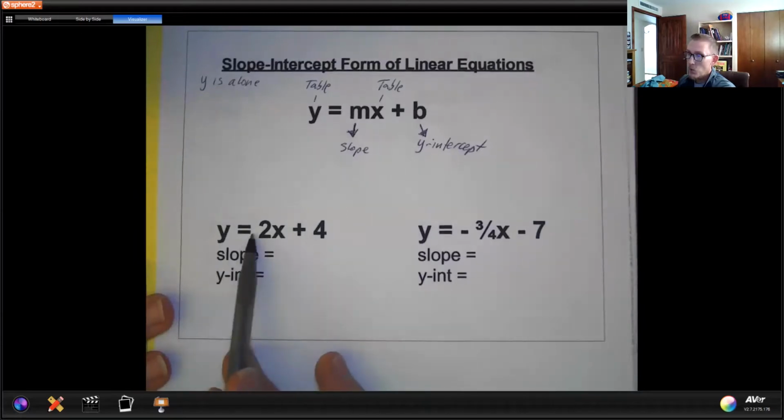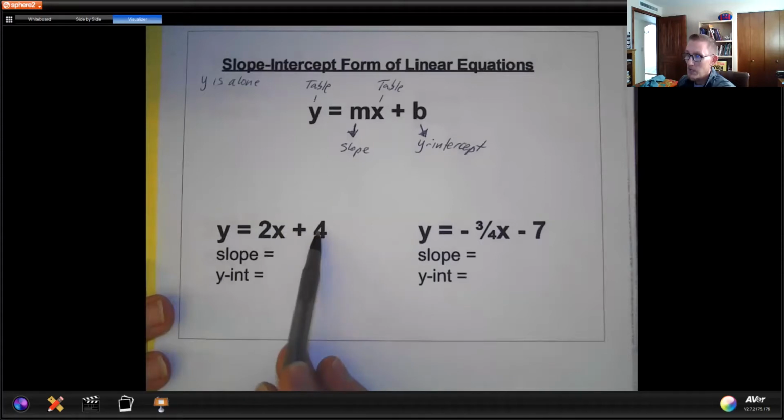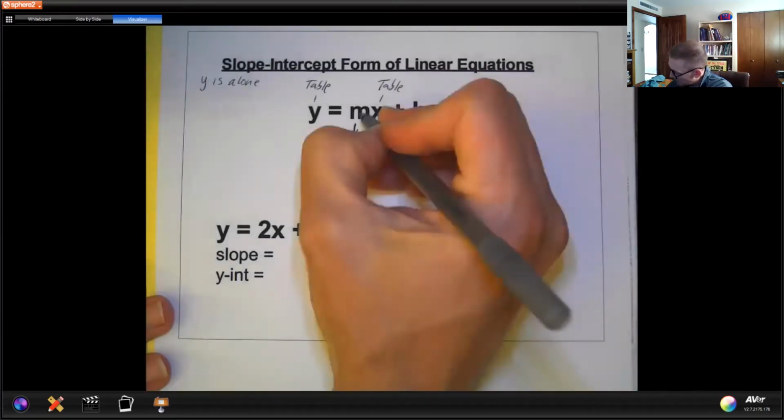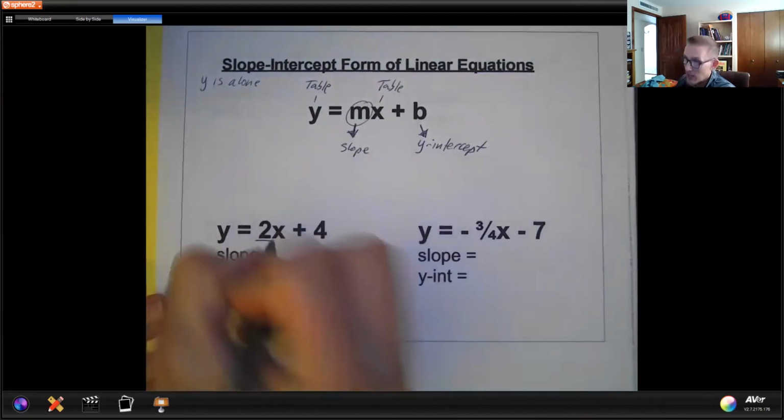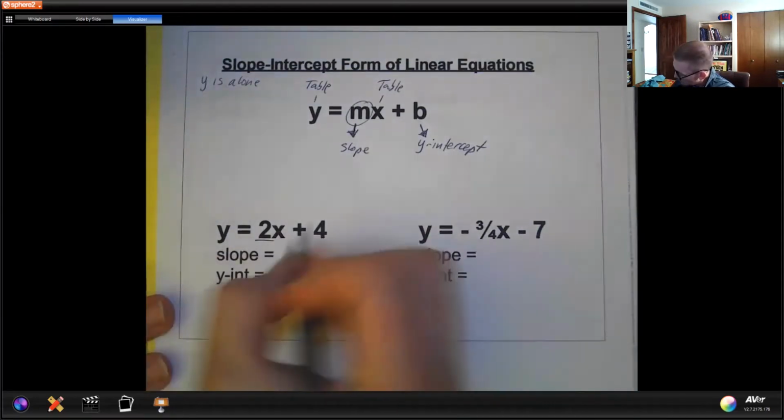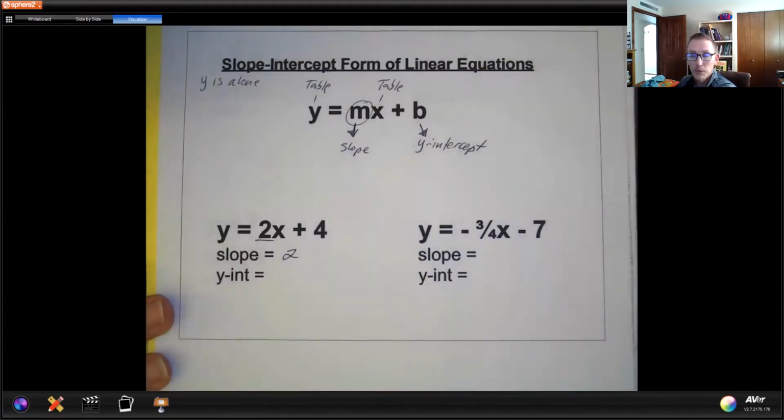Y equals mx plus b. And that plus b is generic. It could be minus b. Well, if I recall up here, the number touching x is the slope. So in this equation, the number touching x is 2, so the slope equals 2. Now that would be a rise and a run of 2 over 1.